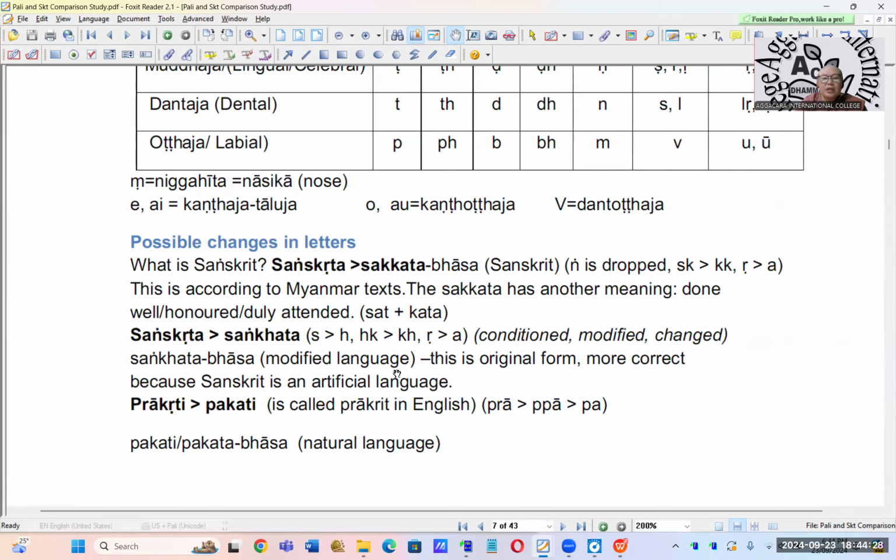Because they say Sanskrit is an artificial language, because nobody really speaks Sanskrit. It's what we call the speech of the Brahmins and so on. It's not so natural, right? So another one is Pakati. Pakati Bhasa is what we call natural language, like Pali. Prakrit. And Prakrit is also another language. Just now I said besides Pali, we also have Prakrit.